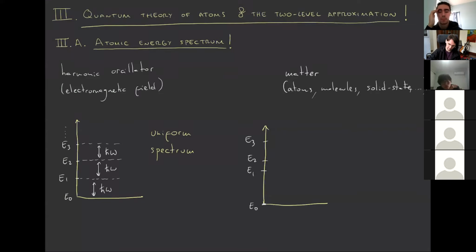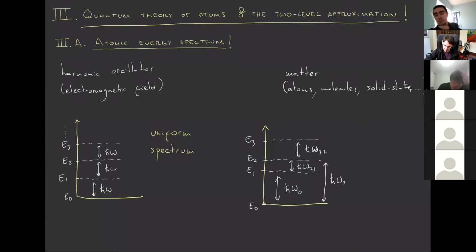All these energy gaps have some frequency that we can call omega 10, omega 21, omega 32. All these frequencies are different, okay? Even this gap, omega 20, is also different. All the frequencies in here are different.